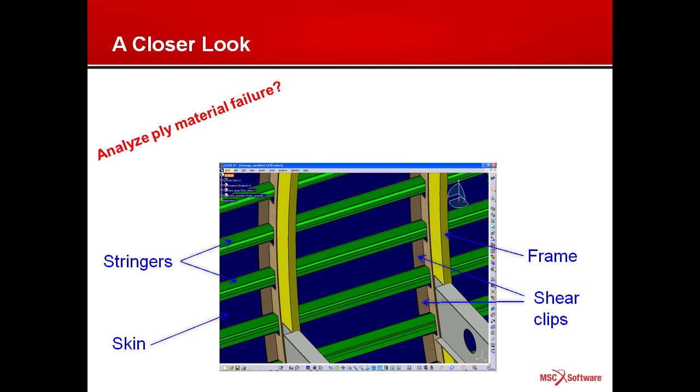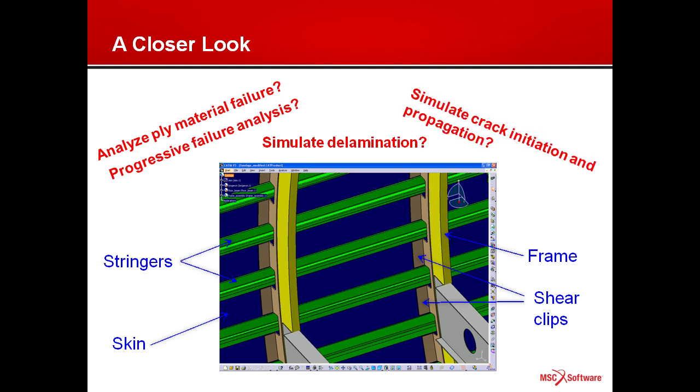Can your tools take me beyond the first ply material failure and do progressive failure analysis? You might also be thinking, can MSC tools help me simulate delamination? How about, can your tools simulate crack initiation and crack propagation? The answer to all these questions is yes.